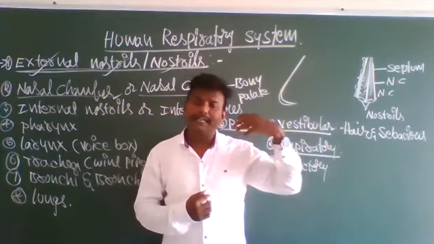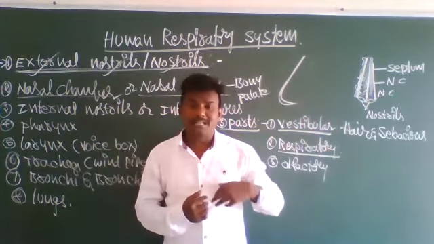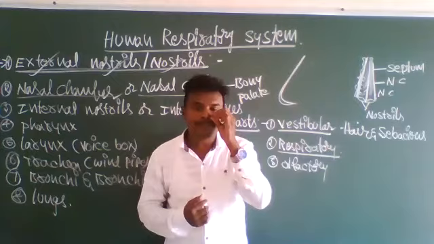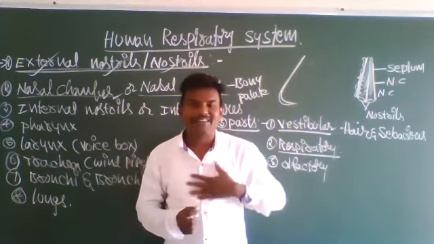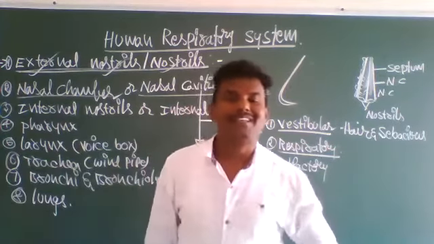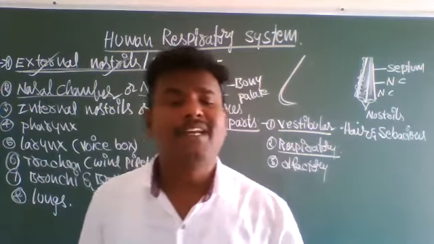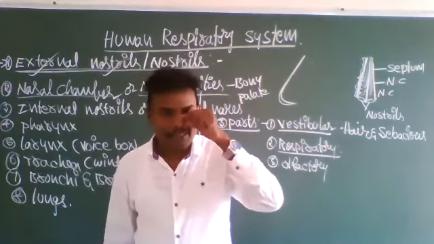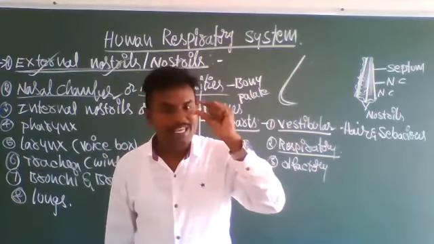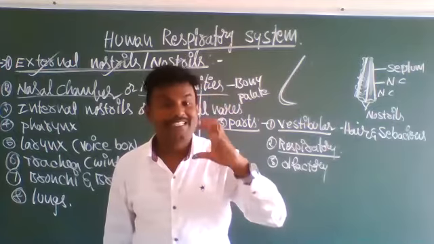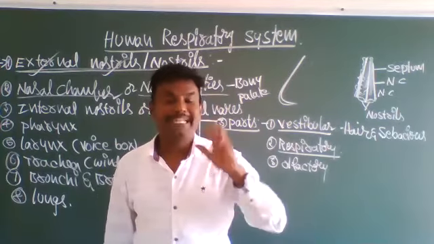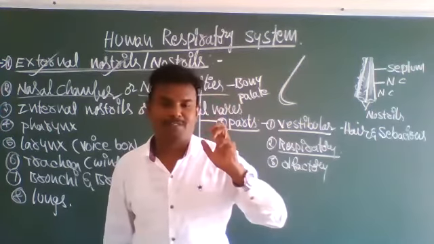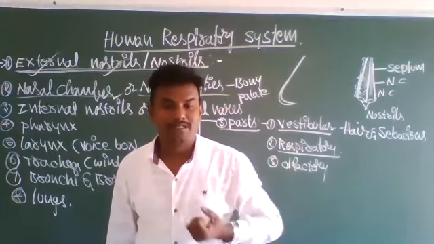If this controlling mechanism is not there, our vital organs, heart, lungs, kidney, pancreas, liver, and brain get damaged. That's why in the nose region a thermoregulatory, temperature controlling mechanism is present. That is called respiratory.